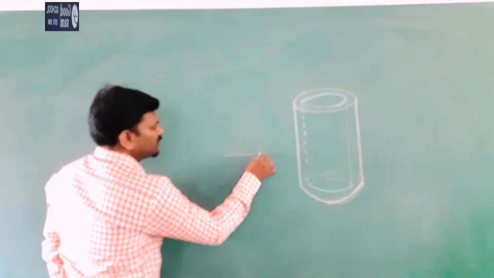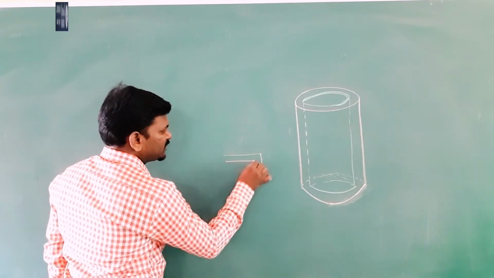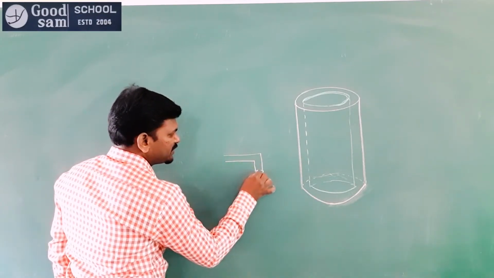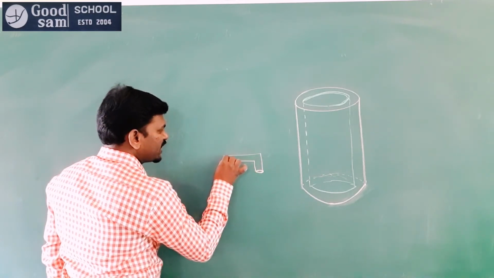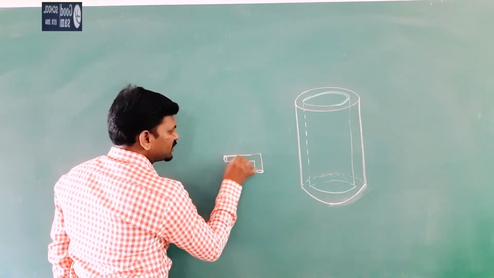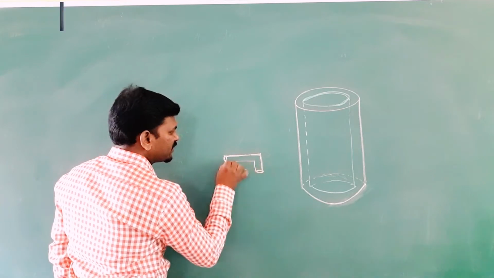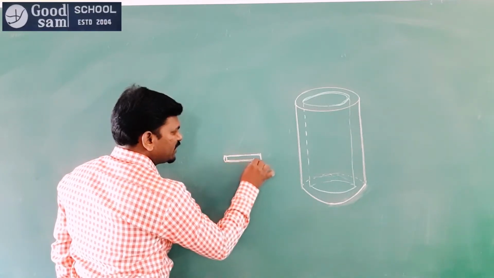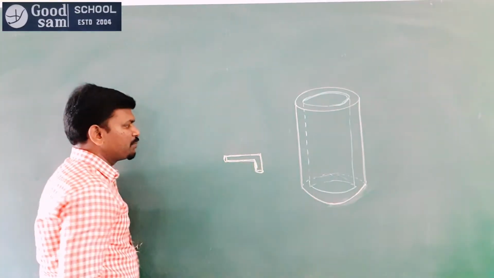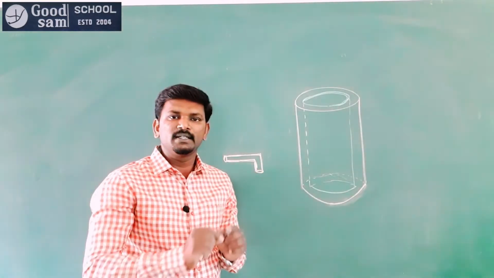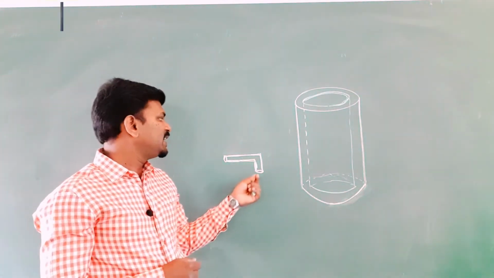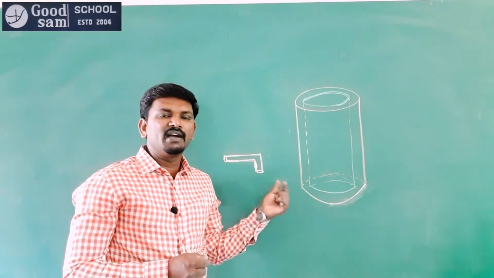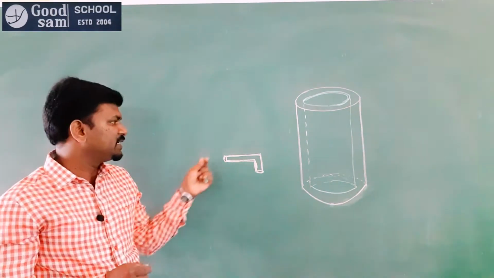For example, if it is a pipe, it should have a width. You may know 10 mm, 3 mm, like they will calculate it.